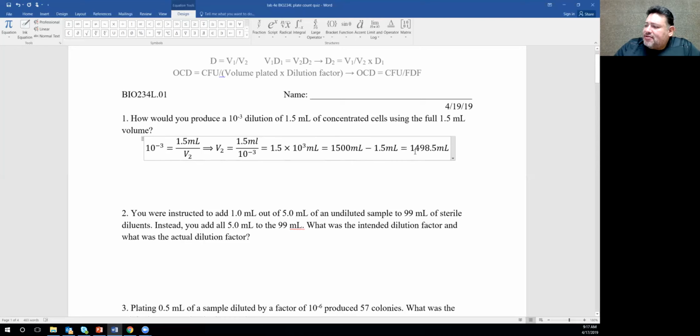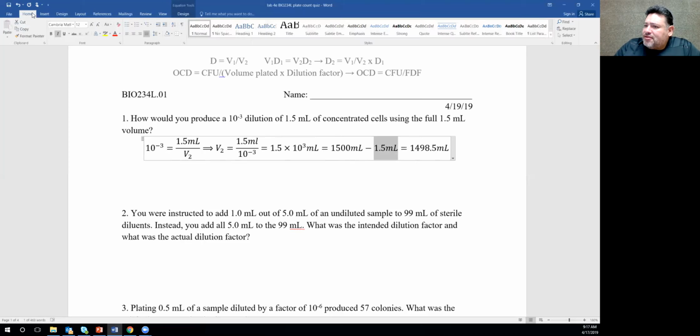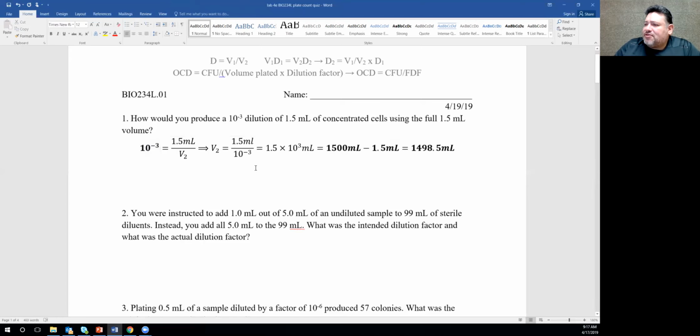So your answer is that you would add 1.5 milliliters of cells, just like the author asks, to a total diluent of 1,498.5 milliliters, to yield a final volume of 1,500 milliliters. And in doing so, you would have turned that 1.5 divided by 1,500 into a 10 to the -3rd dilution. And that's the answer to the first problem.